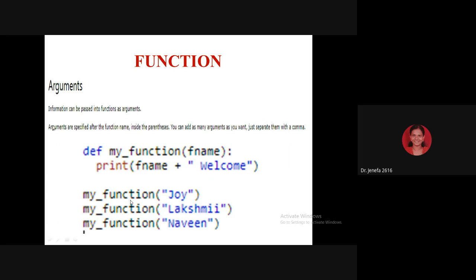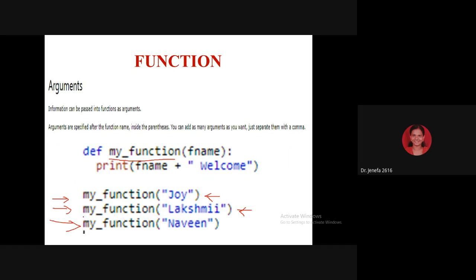So in this example, the function is called 3 times. What is the function that is created? The function that is created is my_function. Here we are calling my_function 3 times, passing different parameters. Initially we are passing a string value, joy.